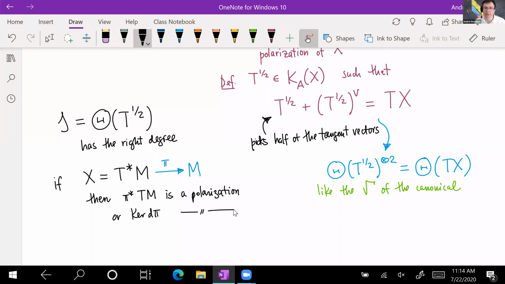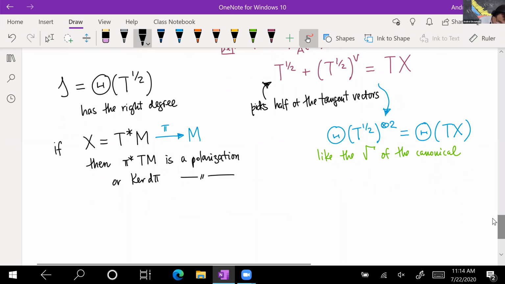You can check that if you want half of the tangent bundle to the cotangent bundle, you can put either the horizontal or the vertical one. And more generally, if X sits as an open set in the cotangent bundle stack, then the same applies.